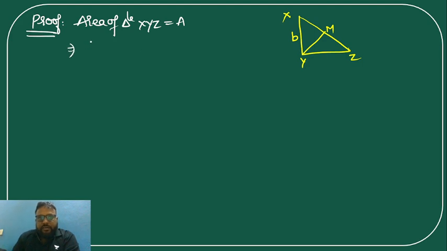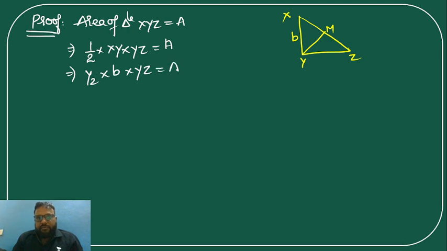So I can write this as half into XY into YZ is equal to A. So half into XY, which is b, into YZ is equal to A. So from here, YZ will be 2A by b. Let us name this as equation 1.